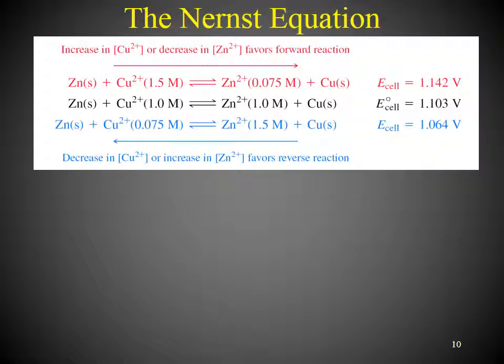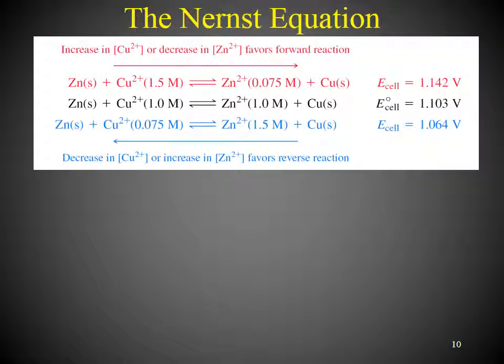Let's now derive an equation that is very useful. It's called the Nernst equation. Take a look at these three conditions. In the middle we have the reaction at standard conditions. You have a certain cell voltage. But notice that in the first equation we have increased a product on the left and decreased one on the right.